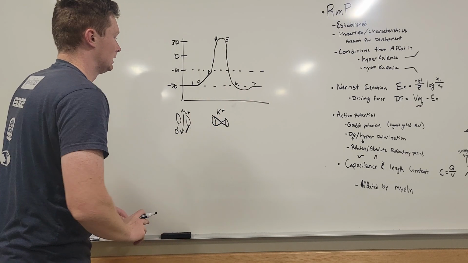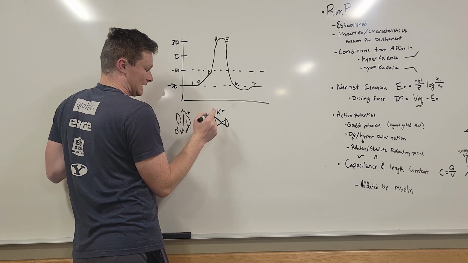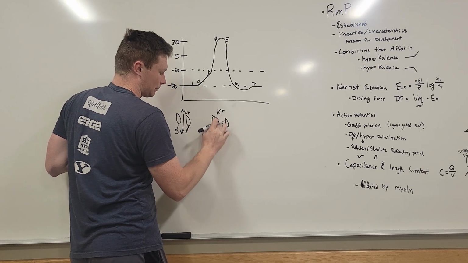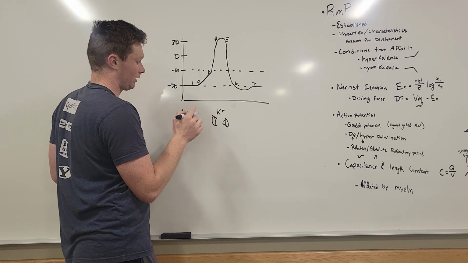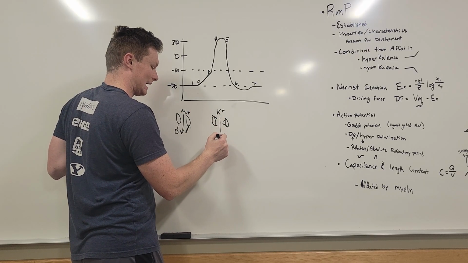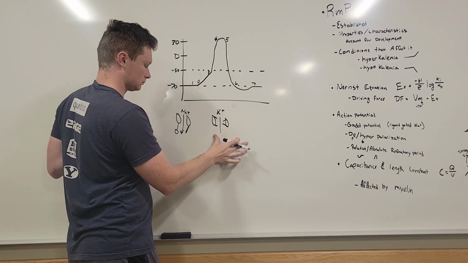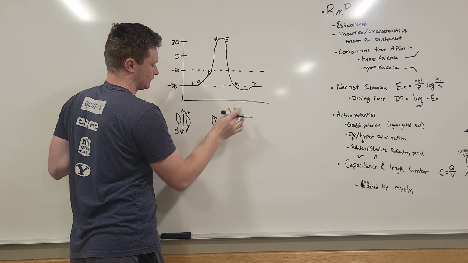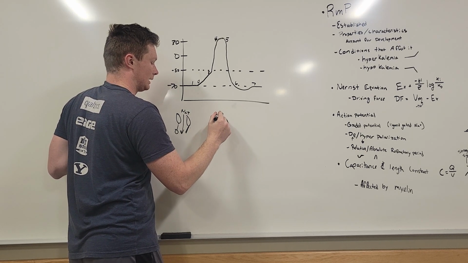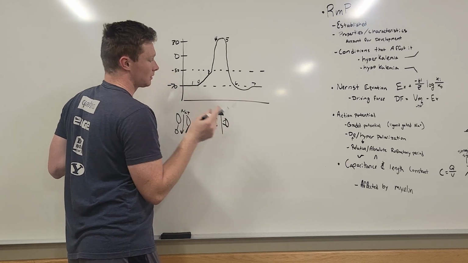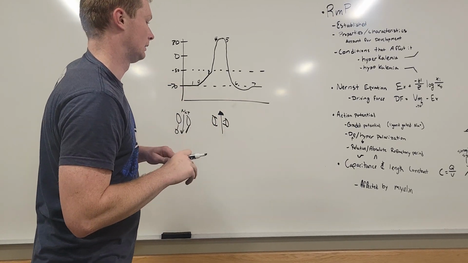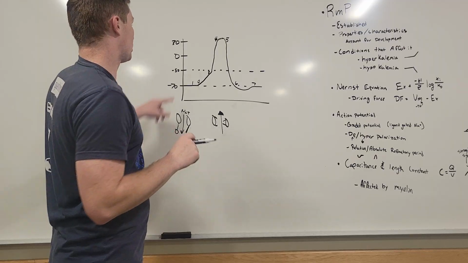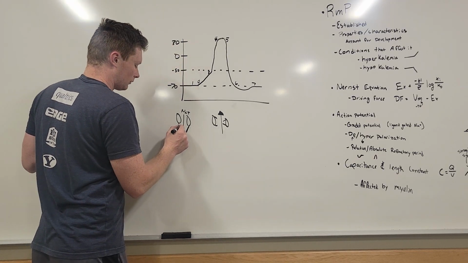Pretty simple stuff. So potassium is going to open up, right? But pretty slow, way slower than this. It reacts very slow. And you're going to get potassium going out of the cell, okay? So we are hyperpolarizing this. These will close right here. This ball will go right here.